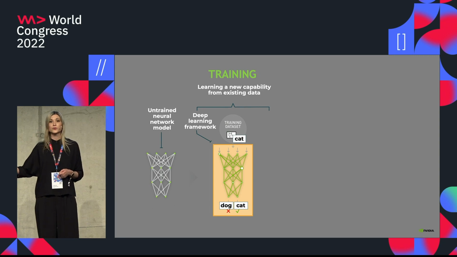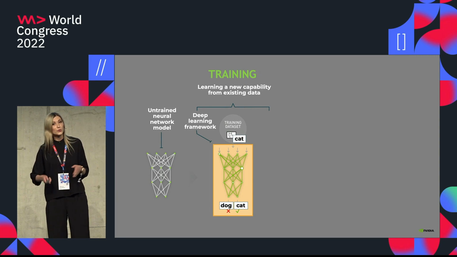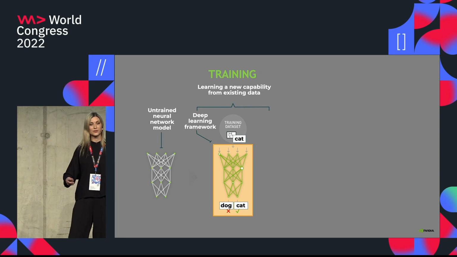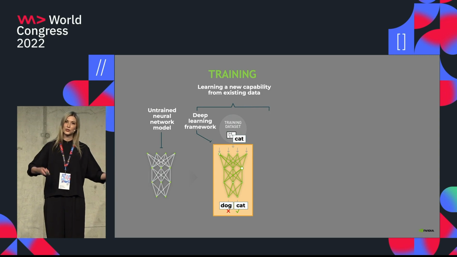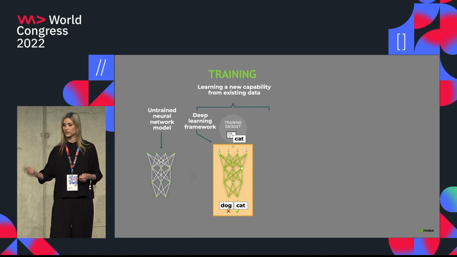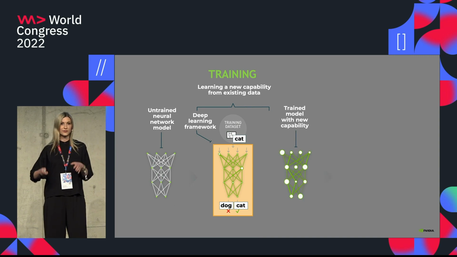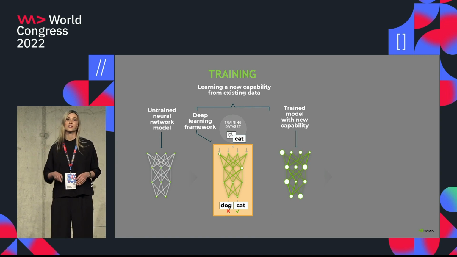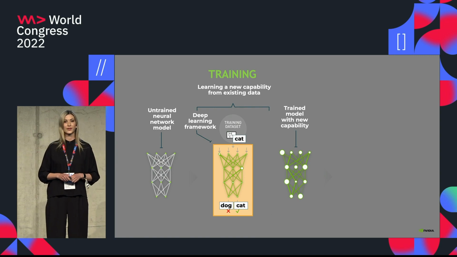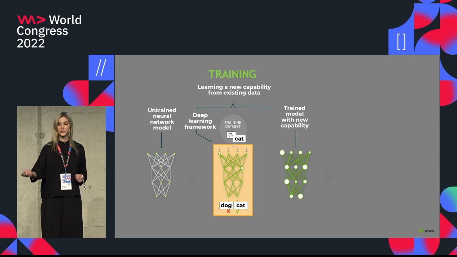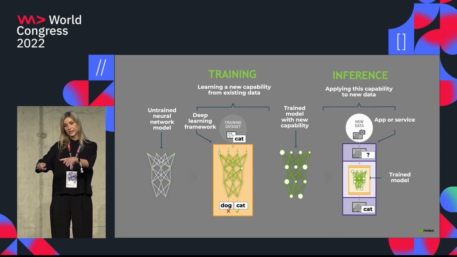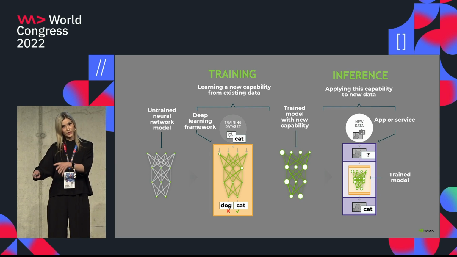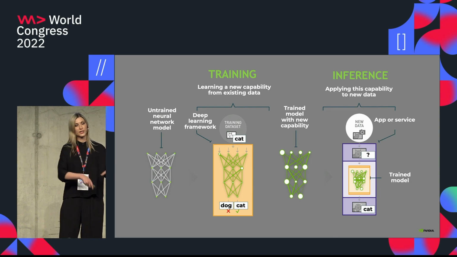For example, if we want to train a cat classifier, we will show thousands of cat images to our neural network, and the network will then have this new capability to recognize cats in images. So in the output, we have this neural network with the weights, which has this new capability. The final stage of using this neural network is called inference. We take our trained neural network and include it in our application.